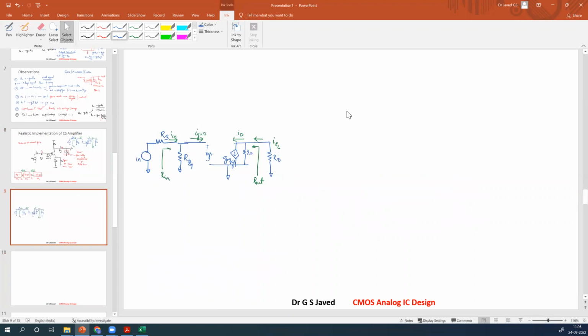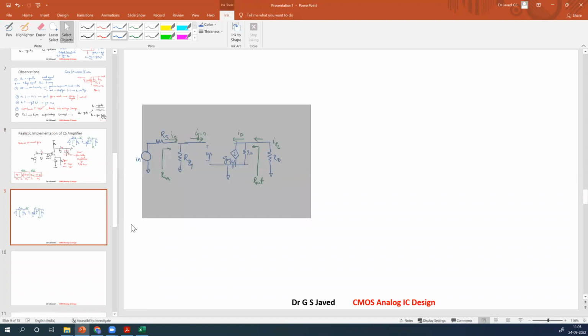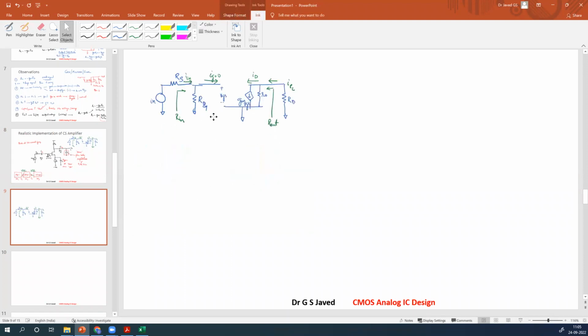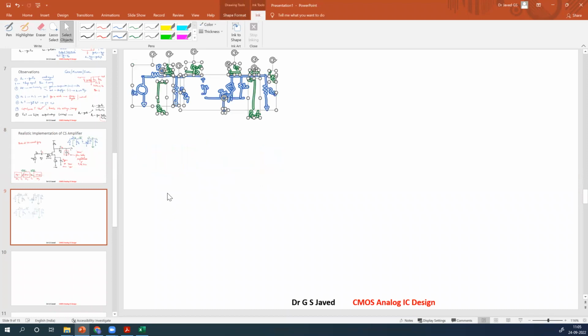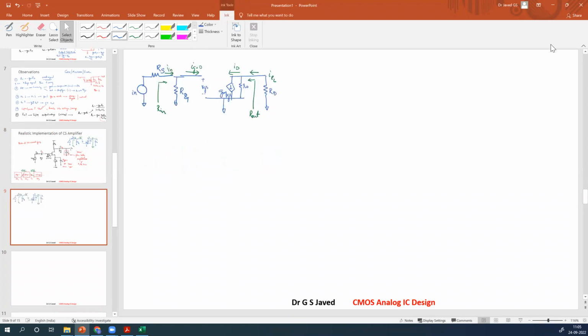Farah? Yes, sir. What is the input impedance, Farah? Rin is the input impedance. So what do you see is going to be the Rin impact here straight away? Rin is exactly where Rg is sitting, right? Yes, sir. Rin is Rg.